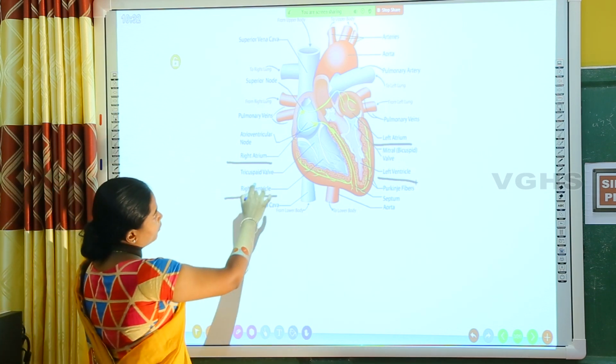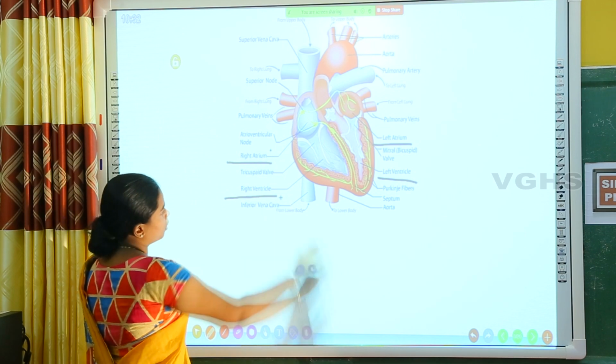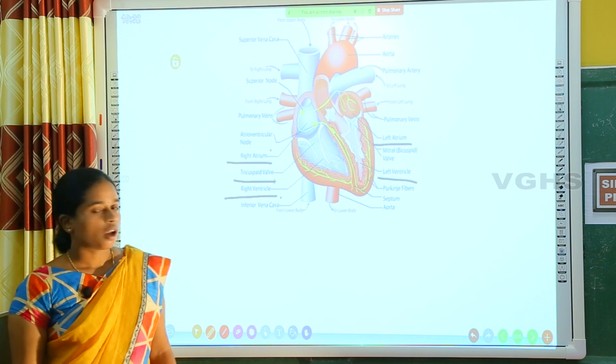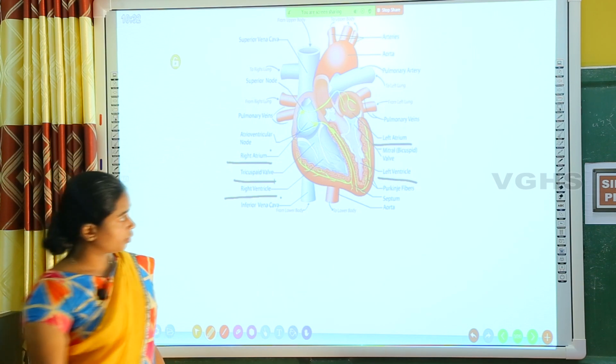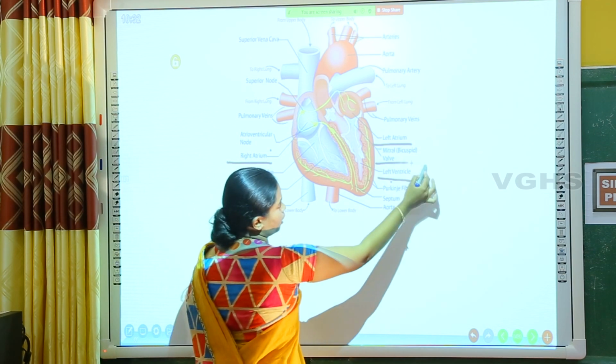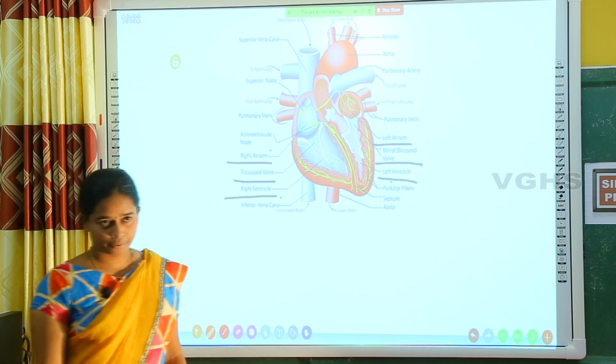The valve between the right atrium and right ventricle is the tricuspid valve, and the valve between the left atrium and left ventricle is the bicuspid valve or mitral valve.